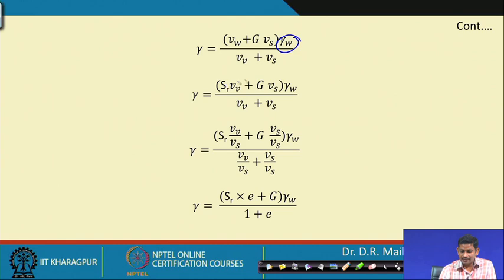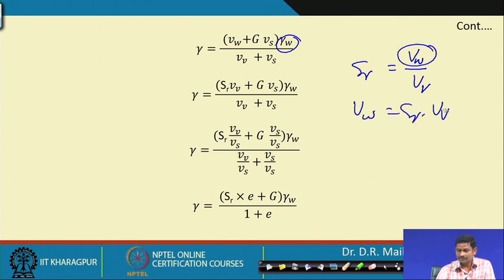Then S_r, the degree of saturation, is equal to V_w by V_v. Then V_w is equal to S_r into V_v. So that is what is here: S_r into V_v, and G V_s, and the rest of the things are the same.